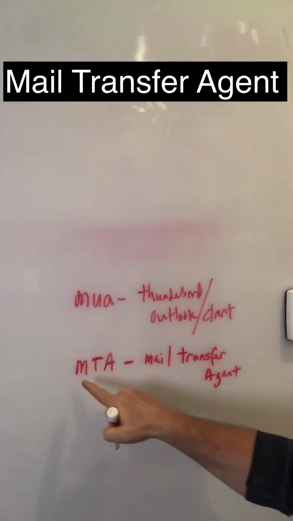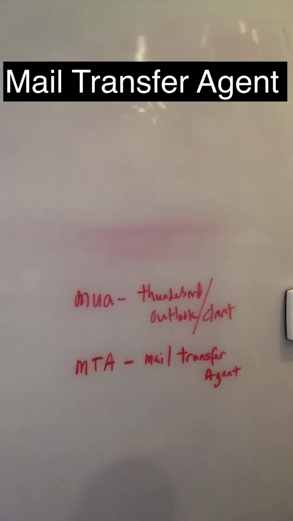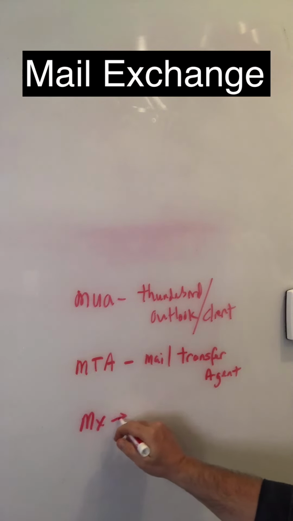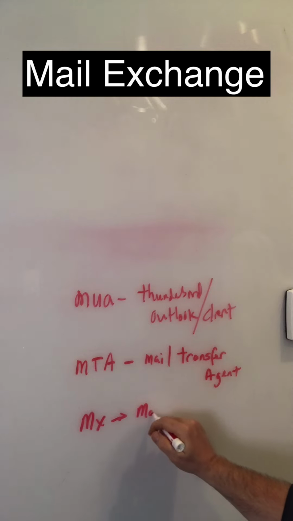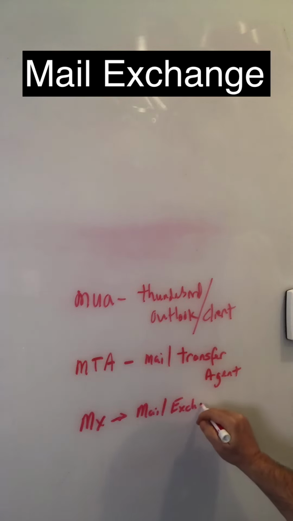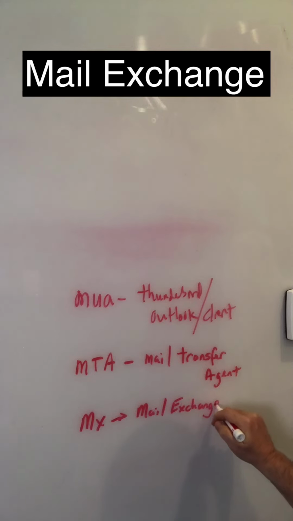So MTA stands for Mail Transfer Agent. Every email will have at least one mail transfer agent that's part of this whole process. It will also have an MX, which is basically shorthand for a mail exchange. Hopefully this is legible. If it's not, it's mail exchange.